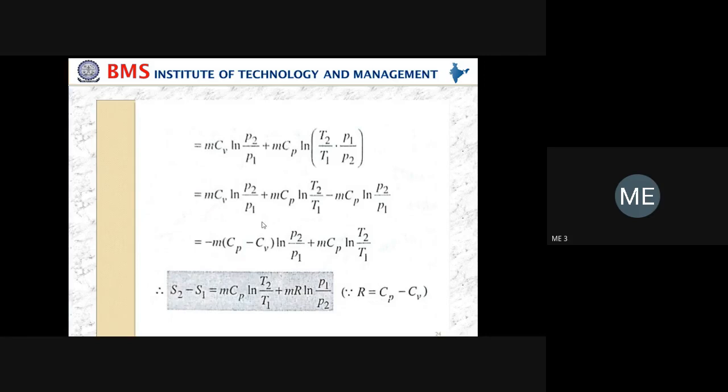Next, you see in all the equations here, the first term contains Cv, the second term contains Cp, and the third term contains Cp.